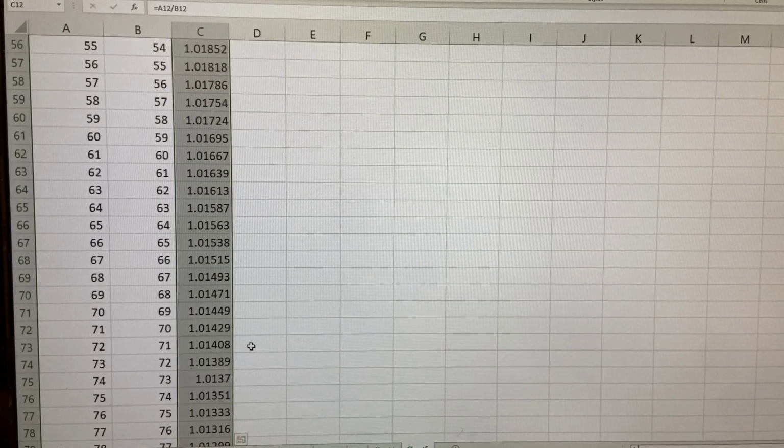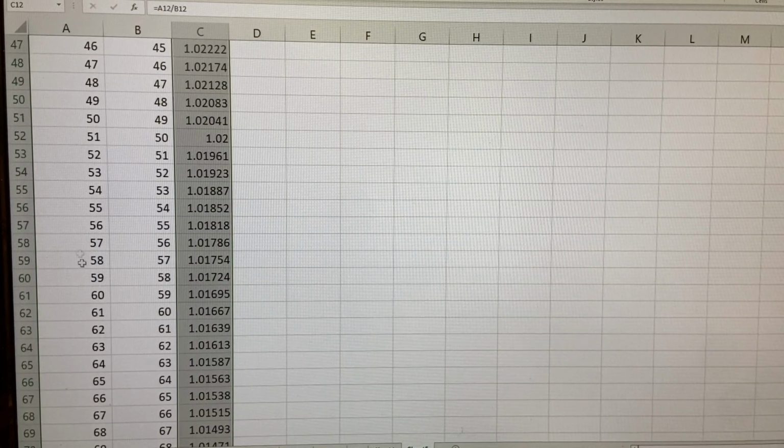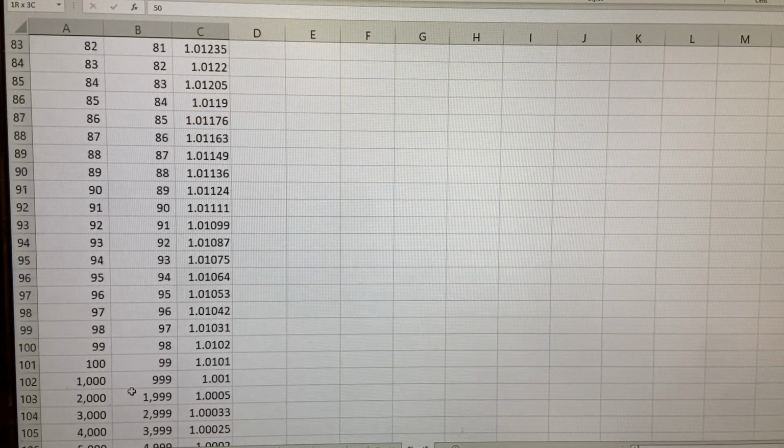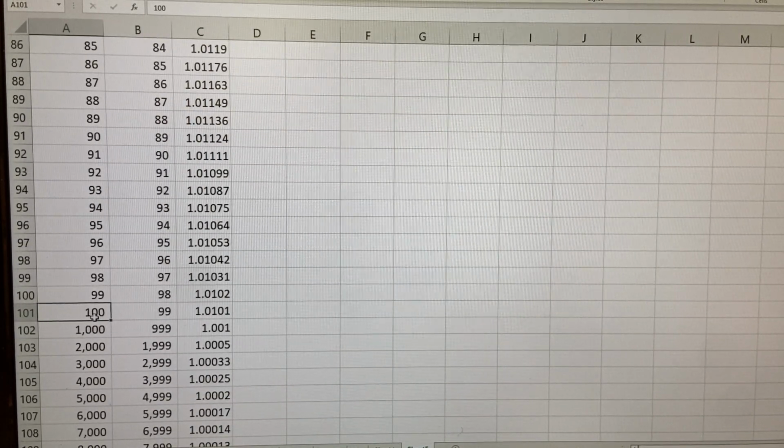So you can see it's really more than 1 only for the first, say, 50 or so elements, or the first 100.